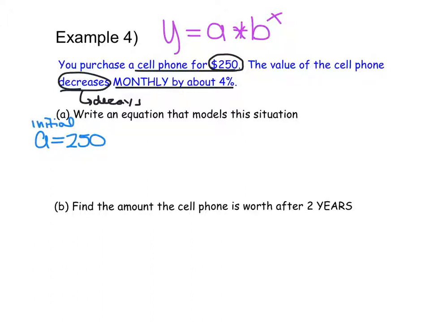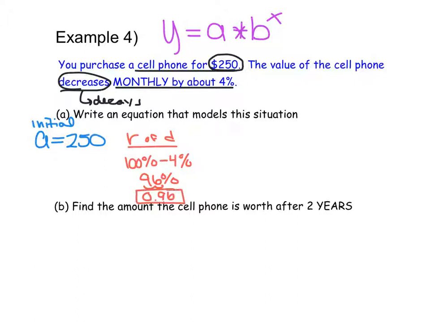Then I can also see that I have a rate of decay, which means that over time, the value of my phone is going down. So I always start with 100% of my worth. And here it's going down by 4%. So I'm going to subtract out 4%, which leaves me with 96%. Now we need to turn 96% into a decimal. So I have 0.96.